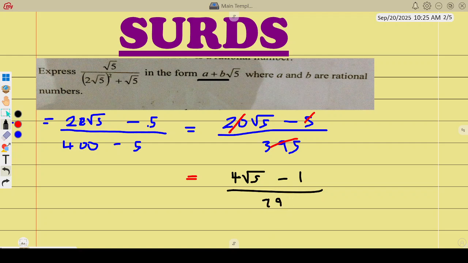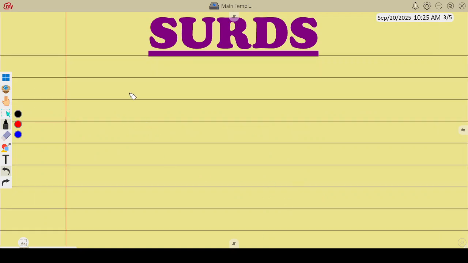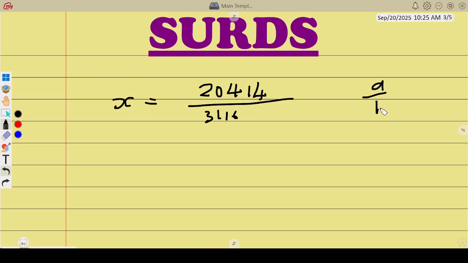So we can have a quick side lesson. Under set theory, I gave you something useful when you are simplifying under rational numbers. Let's say you have a number such as 3116. If you're expressing a number in the form a over b, you remember the rational numbers. For those who didn't check out the video, you can also go through. If you are expressing a number in this form, it would be wrong to leave your answer like this.